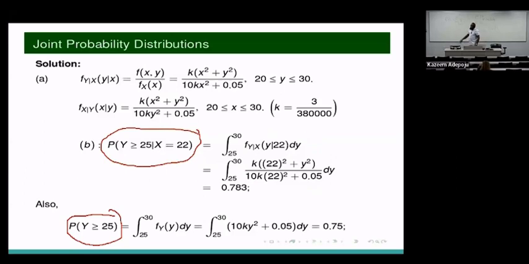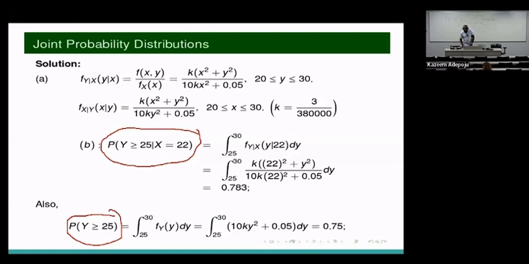The very first one is a conditional, y given x, but the second one is unconditional. You're going to see that in the two, we're focusing on y greater or equal to 25, except that in the first one, we are conditioning that on the values of x.